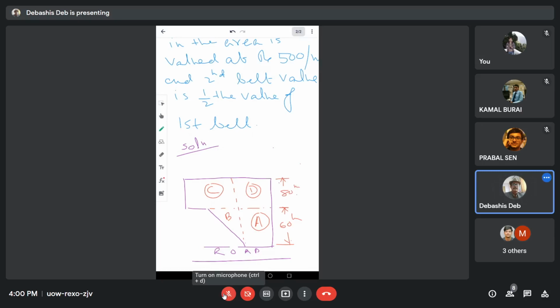So first belt, equivalent area. So let me erase this page, okay?